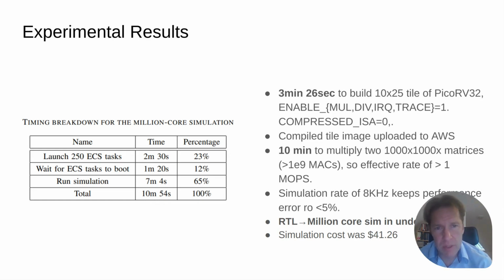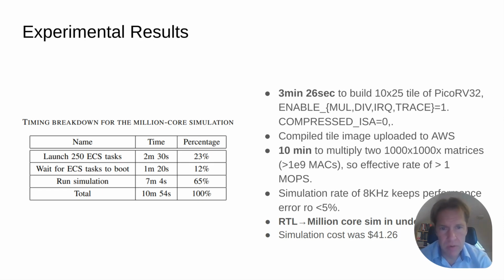We upload that image to AWS, and then we launch these tasks. And you can see the breakdown here on the left side. It takes about 10 minutes to run through, and part of that is just launching this massive network of tasks, and then waiting for it to boot, and then finally actually running the simulation.